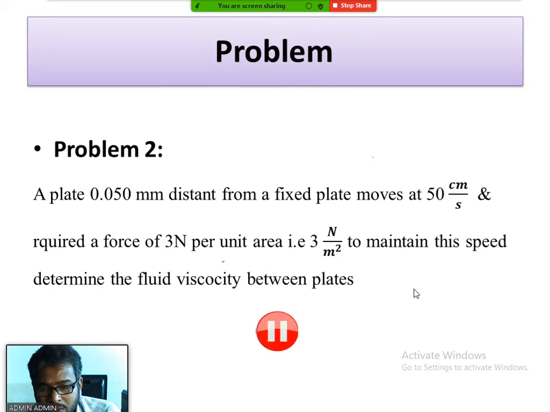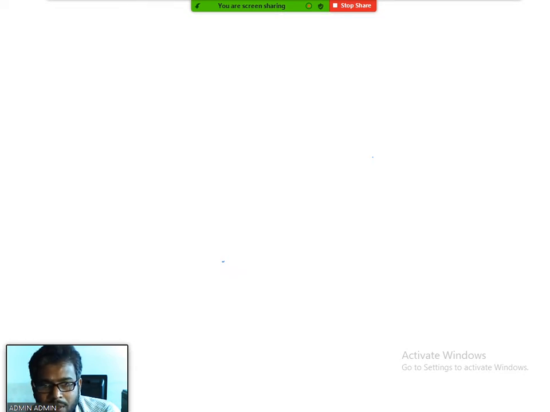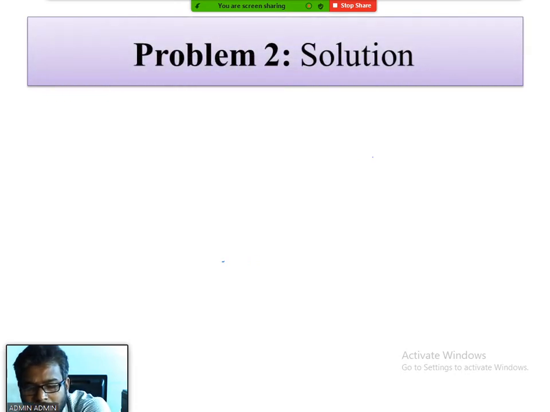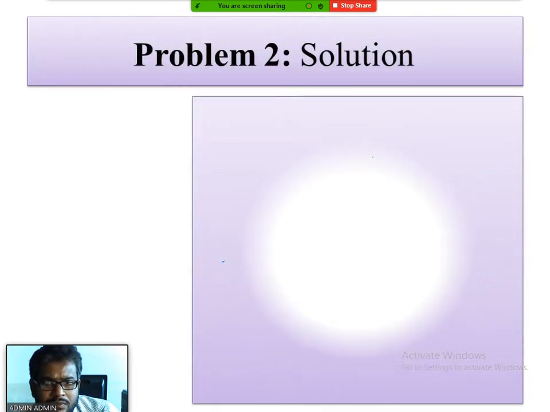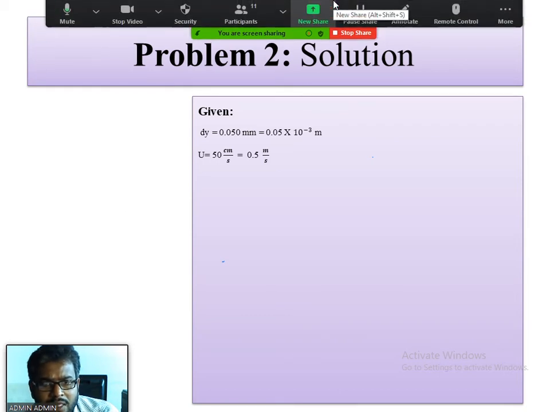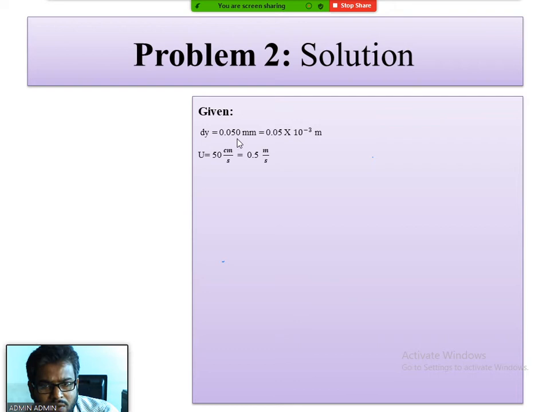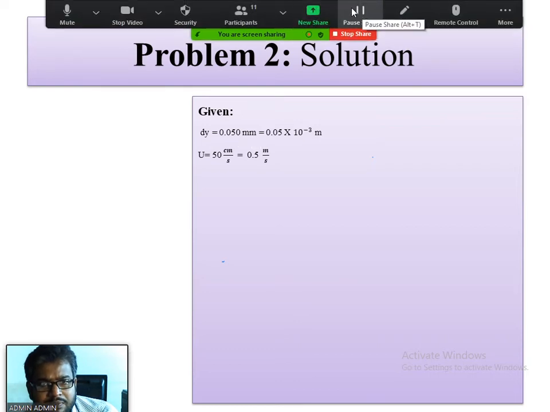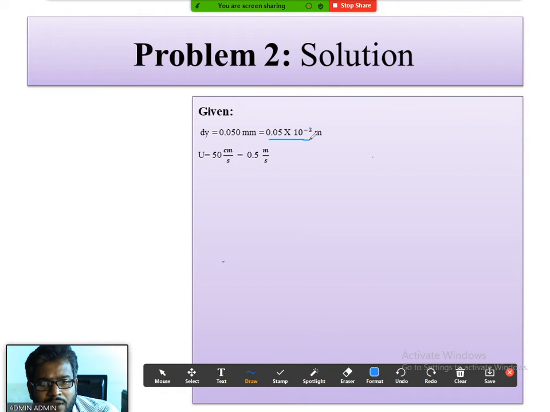You can pause. You know the formula which was given in the above slide. Let us calculate the solution. The distance is 0.050 mm, that is 0.05 into 10 raised to minus 3 meter.